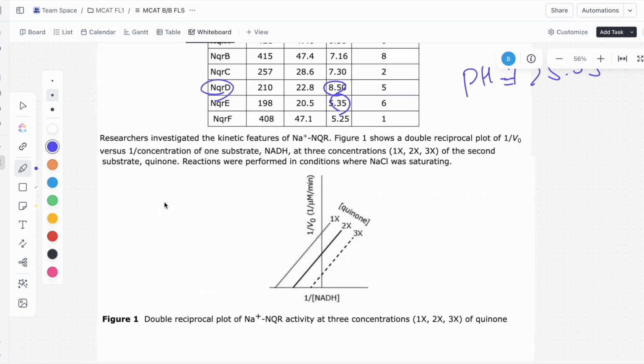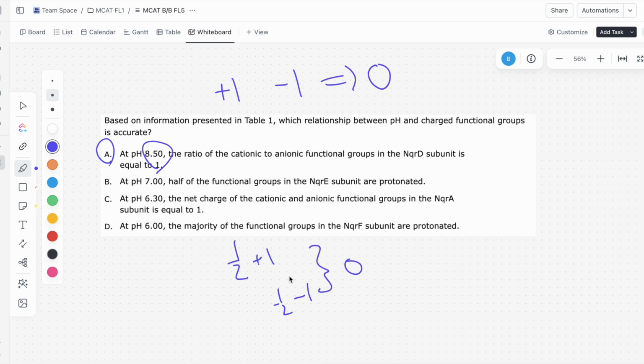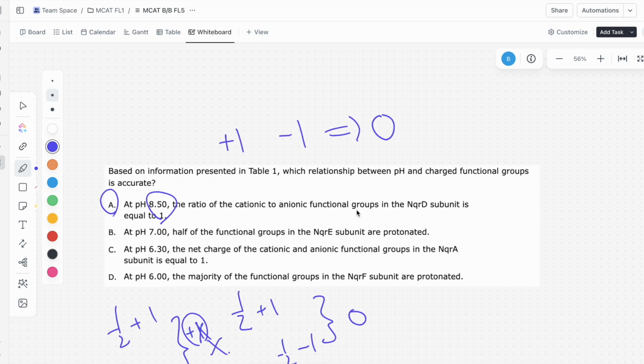Well, we know that the PI point is actually 5.35 for NQRE and not 7, which means this can't be a possibility. If half of them are +1 and half of them are neutral, that means you're just going to have an overall positive charge on the NQRE subunit. But like I said again, if pH is greater than the PI, that means overall that subunit has to be somewhat negatively charged. So these two scenarios are impossible, which basically means that B has to be an incorrect answer.